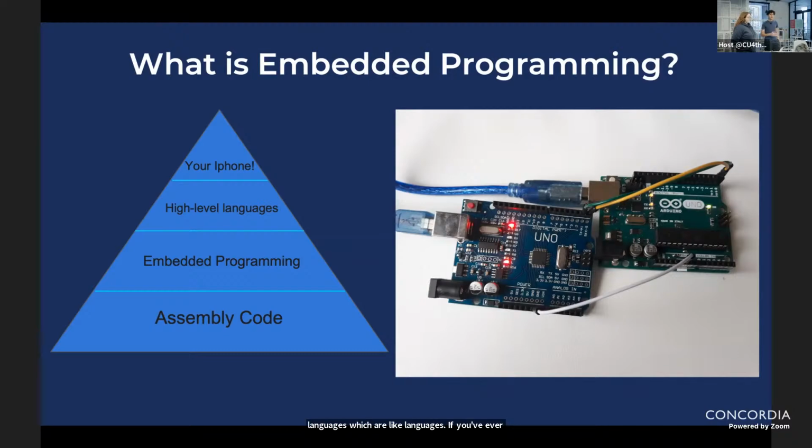These languages are quite far from machine language, and they don't require you to do any low-level engineering, like understanding how the CPU works. They simply do all the work for you. But embedded programming is that sweet spot that is necessary for us to work on boards like these.